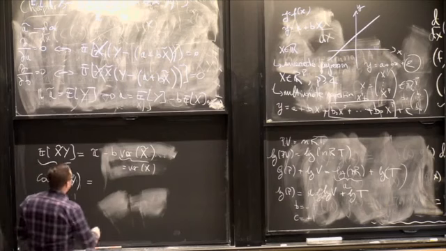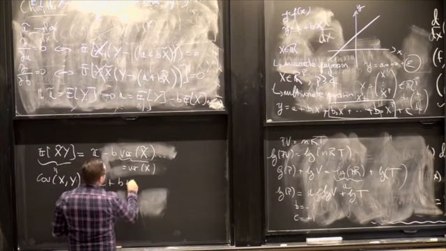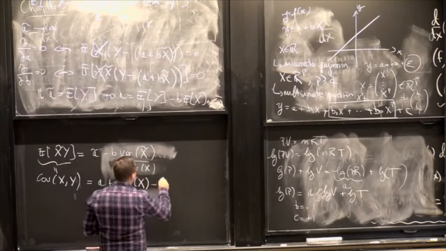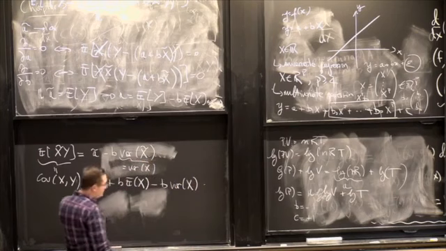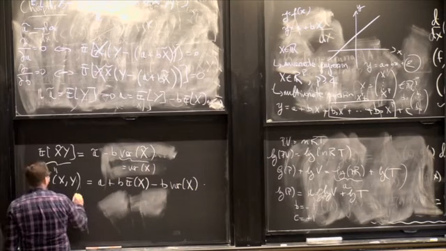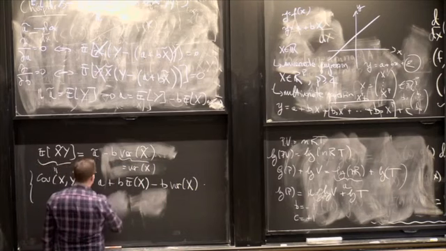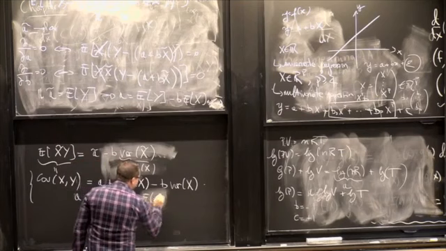OK. So now I have that this thing is actually a plus b expectation of x minus b variance of x. And I also have that a is equal to expectation of y minus b expectation of x.